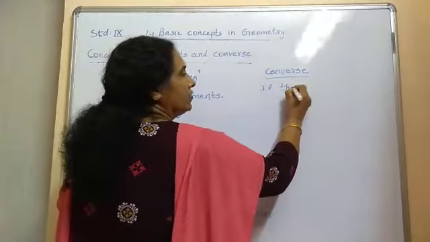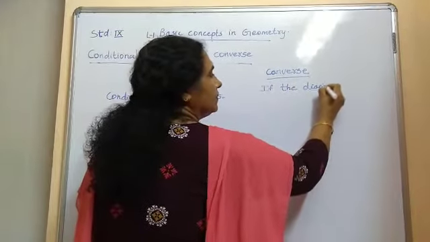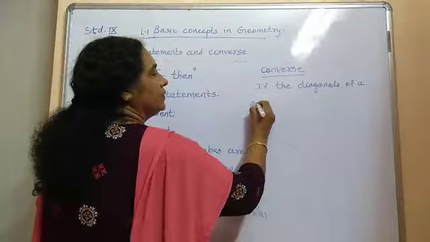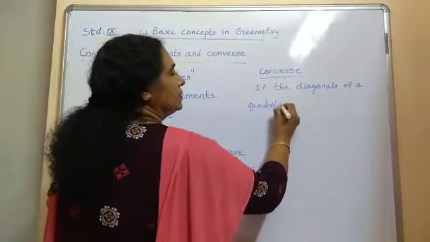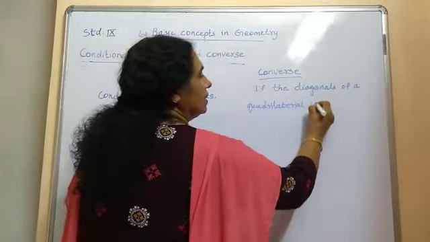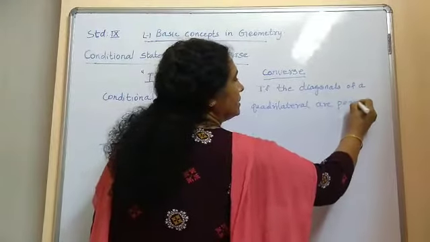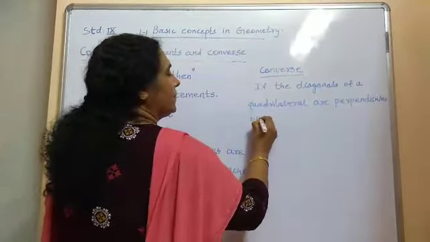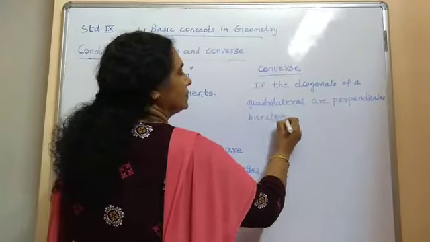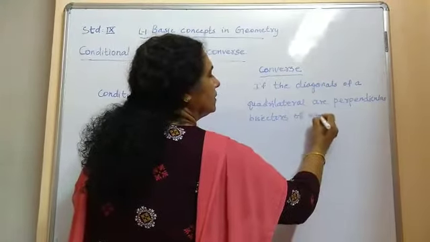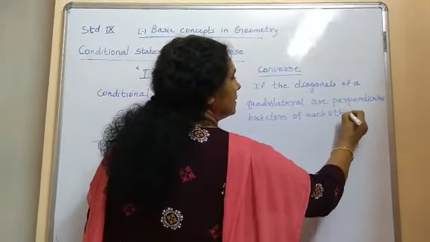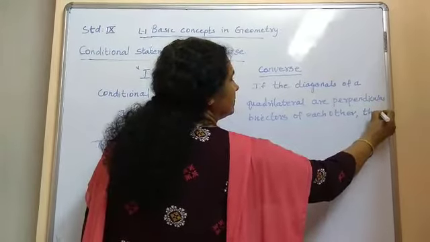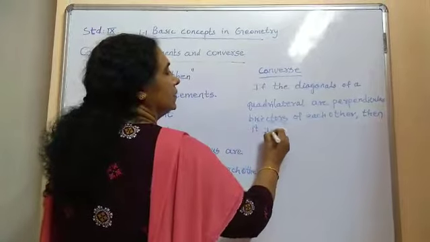If the diagonals of a quadrilateral are perpendicular bisectors of each other, then it is a rhombus.